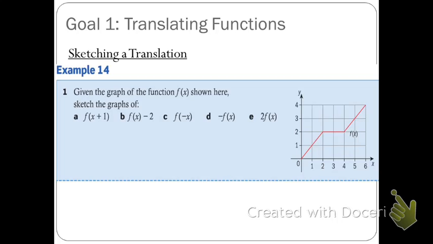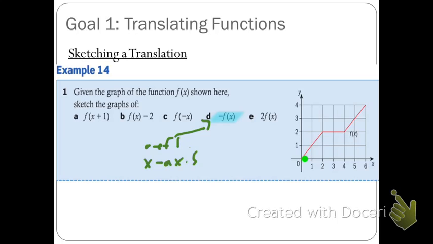Then let's look at the reflection when you have the opposite of f of x, which we know is going to be a reflection in the x-axis, because we're multiplying the output value by -1. That always reflects in the x-axis. When you reflect in the x-axis, it's actually the y-coordinate of each point that's going to change.